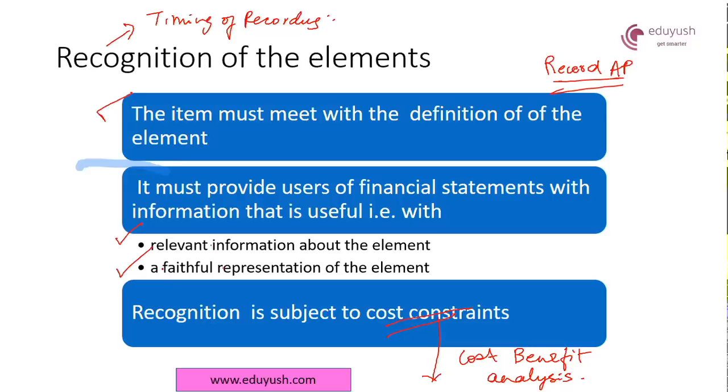But of course, everything is subject to your discussions with auditors who will guide you in that. So recognition happens when it meets the definition, when it provides information which is relevant and a faithful representation, and subject to cost constraint.